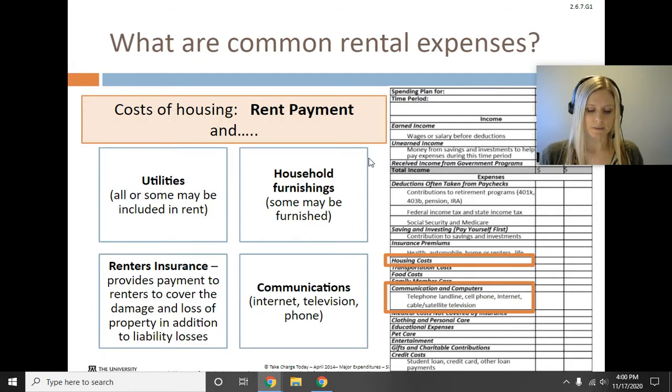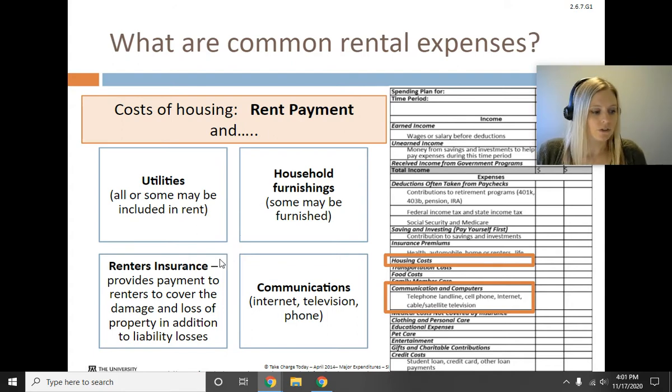Common rental expenses. There are five listed on your note taking guide. So that includes the rent payment itself, the utilities, household furnishings, and some rental places are going to come furnished. And that means that typically they will have a lot of the common furniture, not necessarily decor or sheets or things like that, but some of the common furniture.